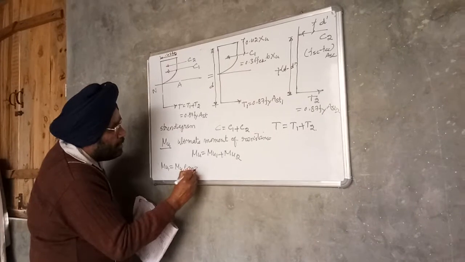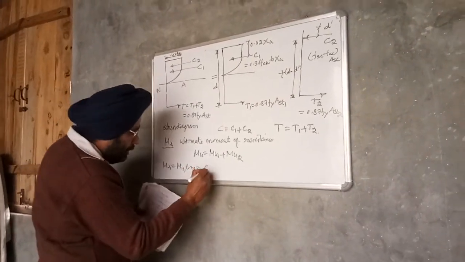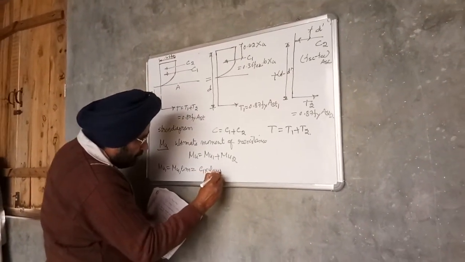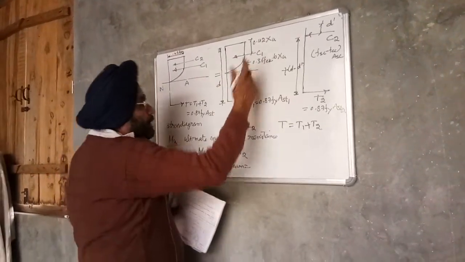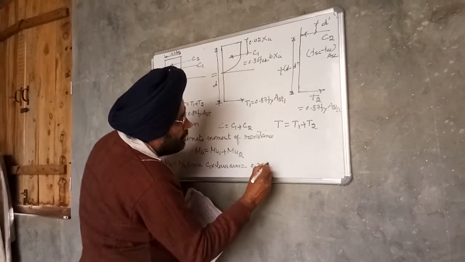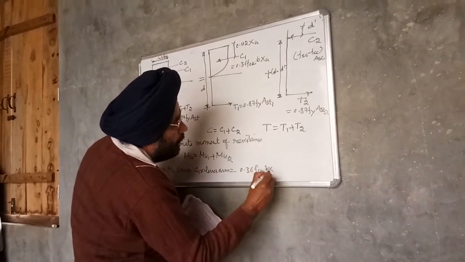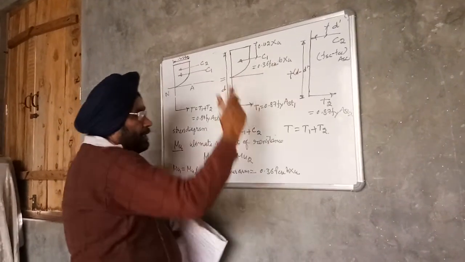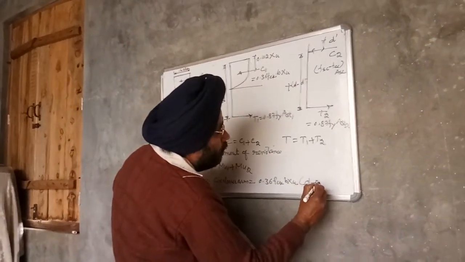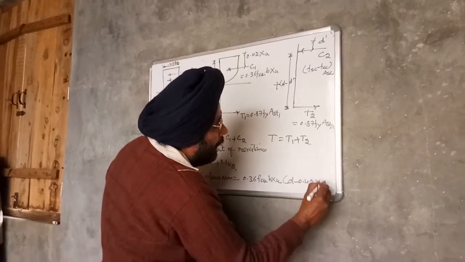So this is C1 into lever arm. C1 is equal to 0.36 fck b xu, and lever arm Z is equal to d minus 0.42 xu.